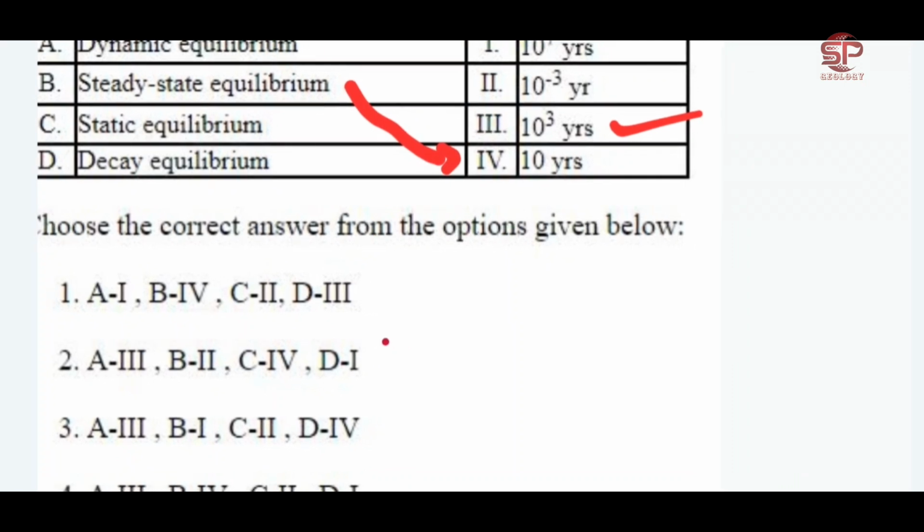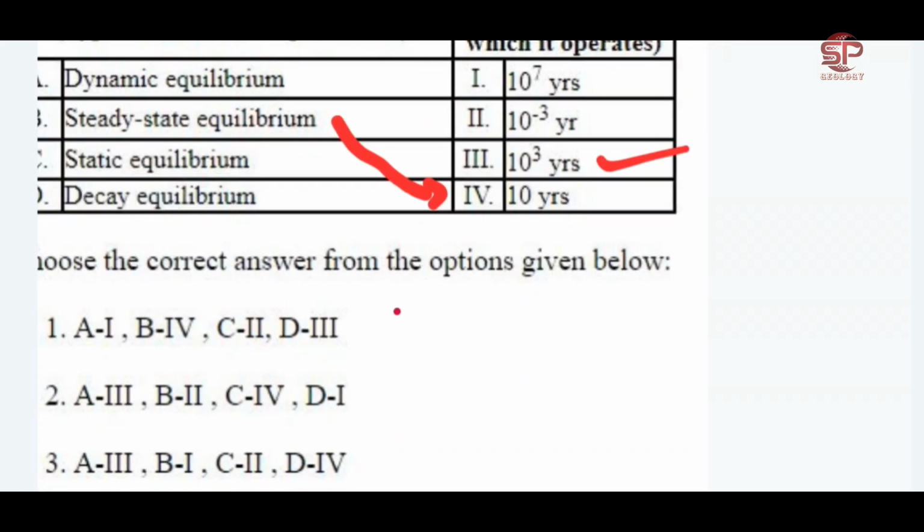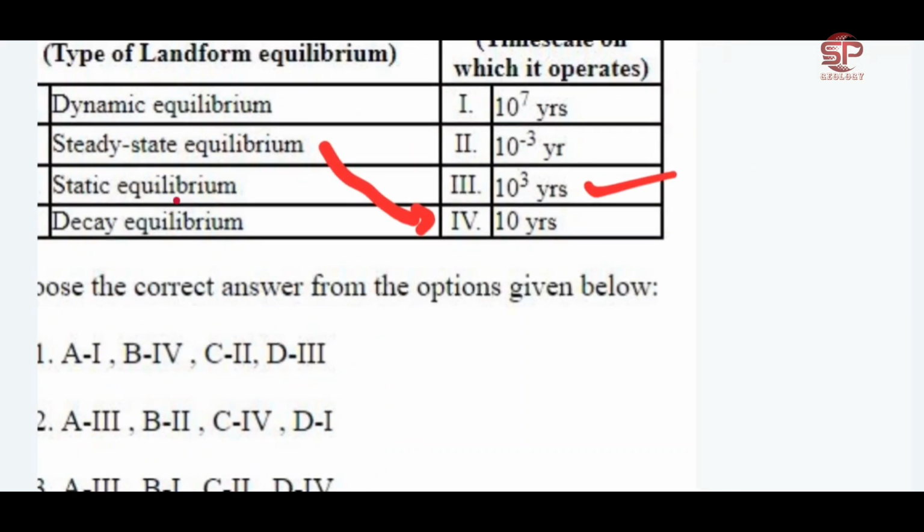Then static equilibrium will be 10 to the power minus 3 years, because it is always in a stable condition. Then decay equilibrium will be the largest one, 10 to the power 7 years.